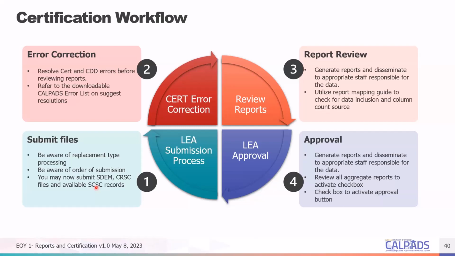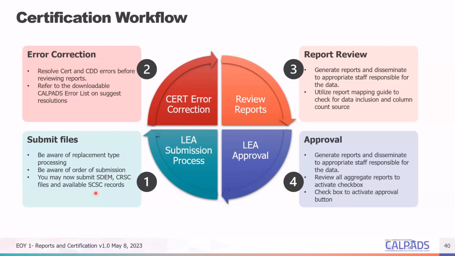Right now, you are able to submit the courses for all semesters. You're also able to submit the student course completion records for those who already completed courses for semester 1, so you can start submitting those files in. And for the SDEM, you update your file to include staff members who are now taking over classes, or who have taken over classes, who were not reported previously in Fall 2.